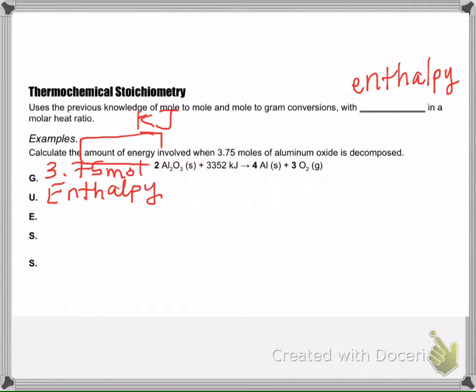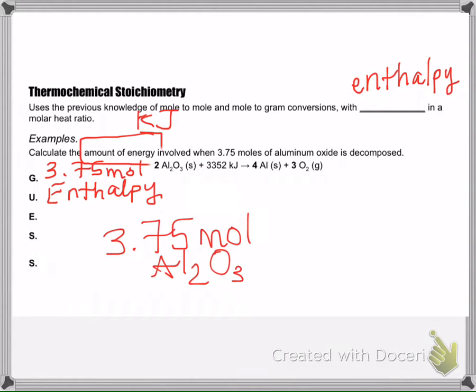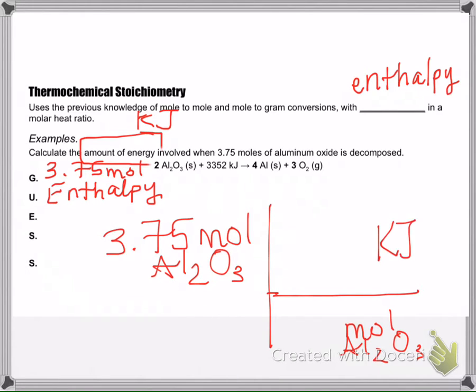Okay, so I'm going to start with my given, and I'm going to set up my train tracks. Remember, we want to keep up with the diagonal rule. So if I'm in moles of aluminum oxide up here, I'm going to put moles of aluminum oxide down here. And what I'm trying to determine is the amount of energy, so the amount of kilojoules. Now you're going to look at your balanced chemical equation. This is where you get all of your information.